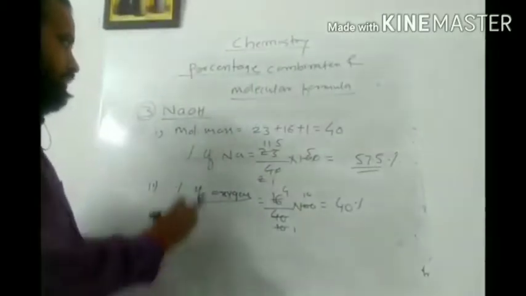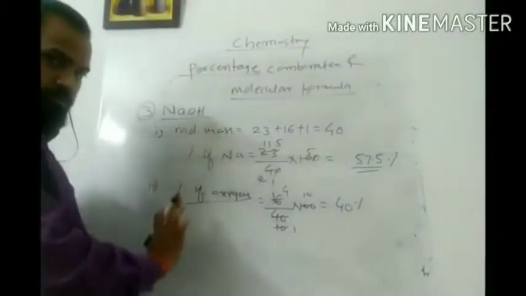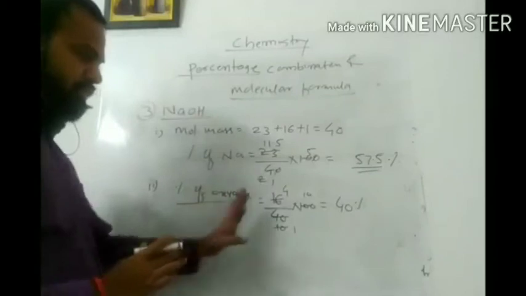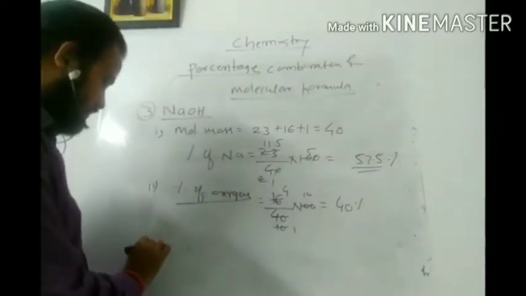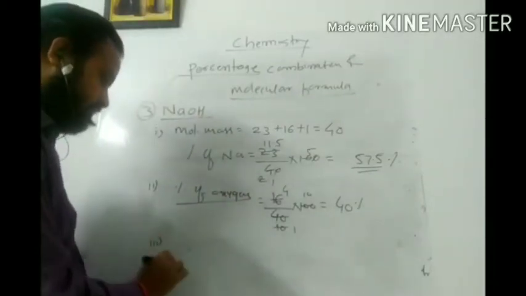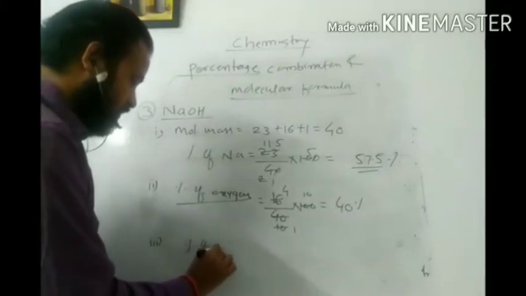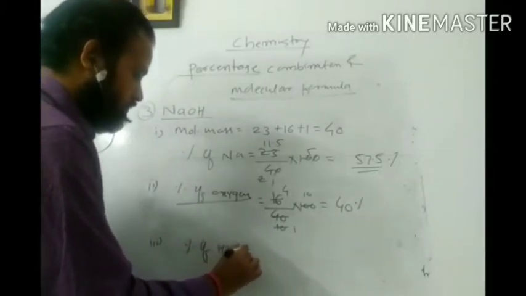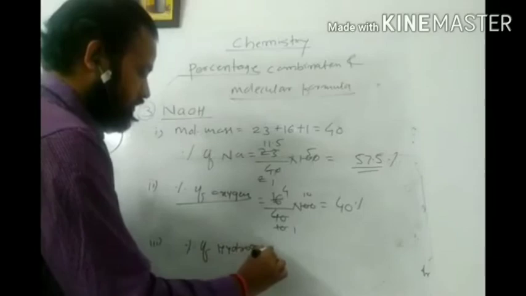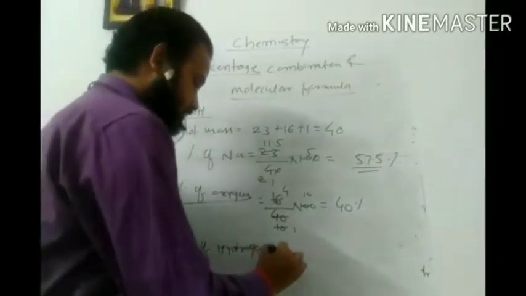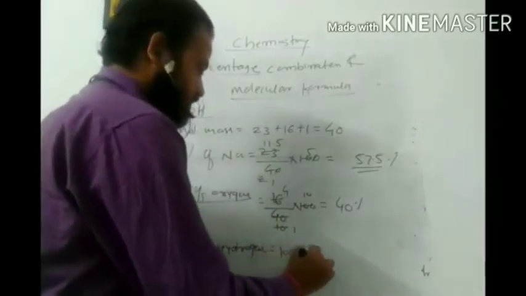Now if I want to calculate the percentage of hydrogen, as I already told you, you can use this formula also, or you can use a simple trick: percentage of hydrogen is equal to 100 minus the addition of these two.